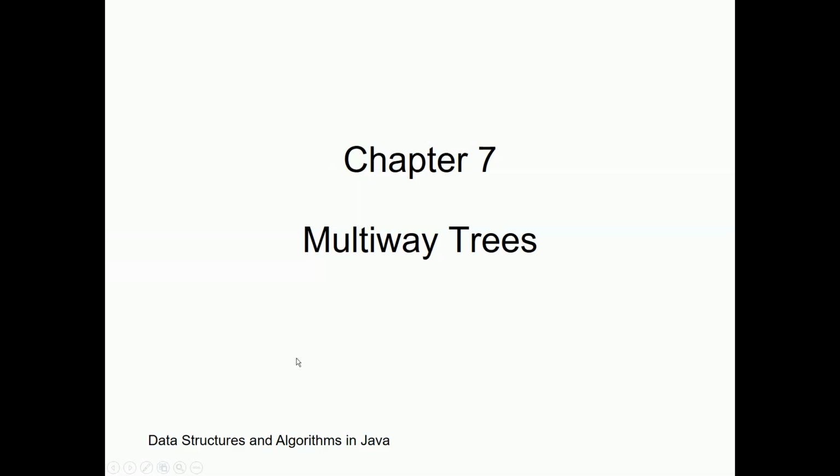Okay, so let's talk about those multi-way trees. Now we've seen binary search trees and AVL trees, and the difference between the two is, I'm sorry? The AVL is balanced and the binary search tree is not?